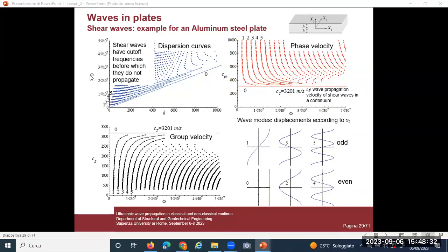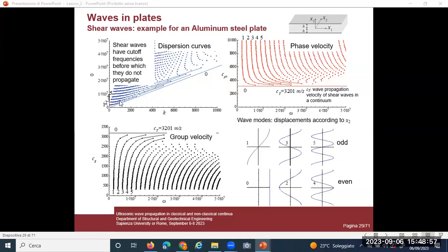The first one is omega as a function of k. You remember the one-dimensional case? It had only one of these curves, just this one. This one has more than one. And you see all these points, they are all cutoff frequencies.